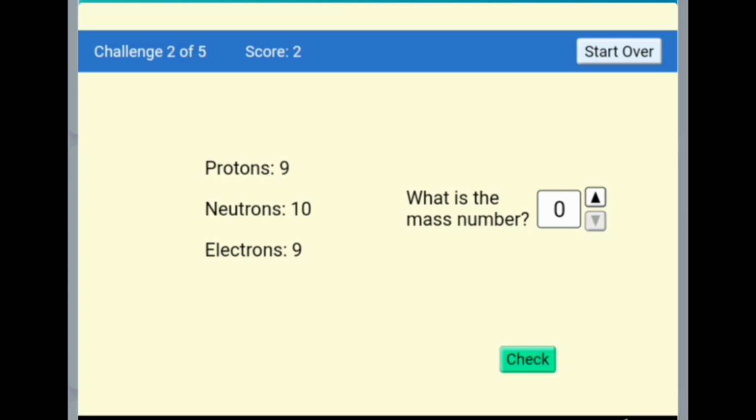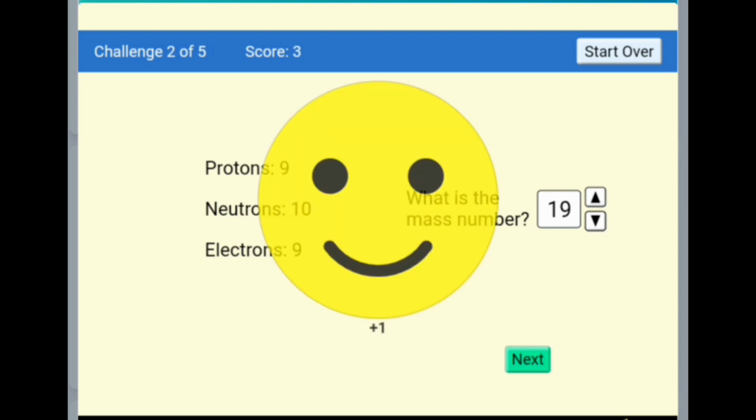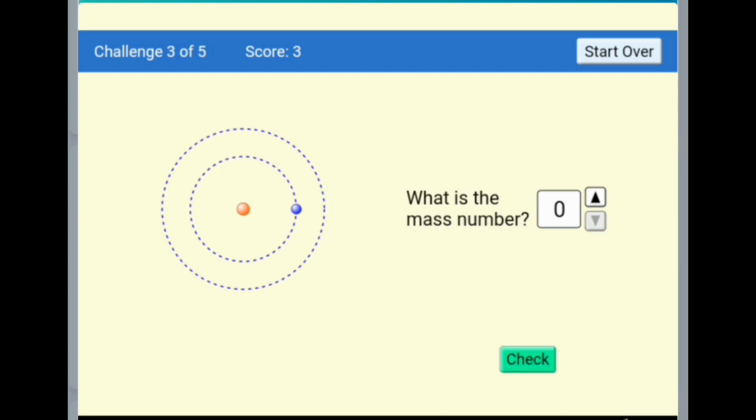So let me begin to increase the number here till I have 19. Then I'll click on check. You can see how it smiles. Now look at this. What is the mass number?